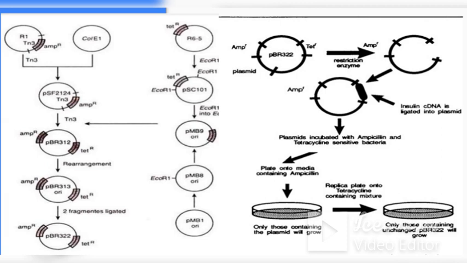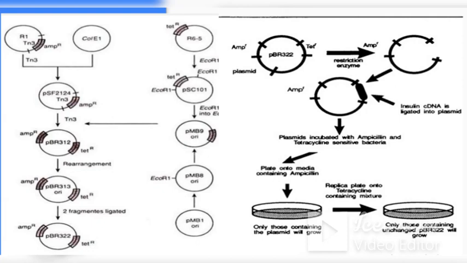EcoRI fragments from pSC101 were combined with pMB8 opened at its unique EcoRI site, and the resulting chimeric molecule was rearranged by EcoRI activity to generate pMB9. In a separate event, the Tn3 of R1drd19 was transposed by ColE1 to form RSF2124.